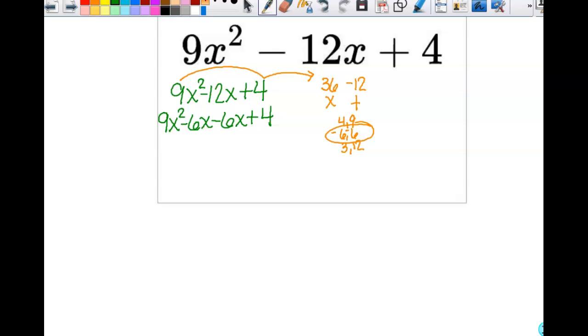How do you get a 9 from a 6? Okay, these first two terms here, what's your GCF? Out of the numbers, the biggest number I can factor out is a 3. And I can factor out an x. That leaves me with 3x minus 2.